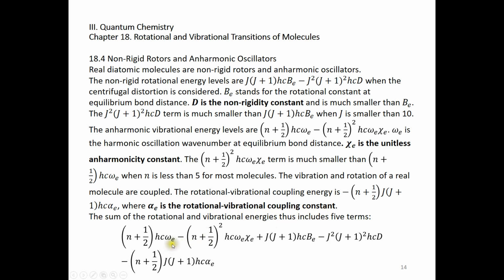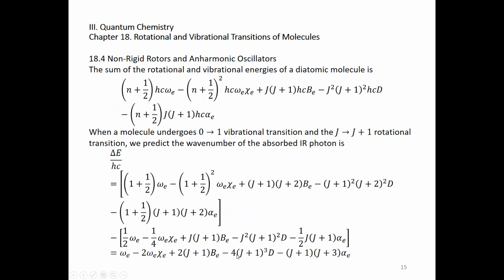Omega_e, B_e, D, and alpha_e are wave numbers. The SI unit is meter to the power of negative 1, but commonly we use centimeter to the power of negative 1 for historical reasons.